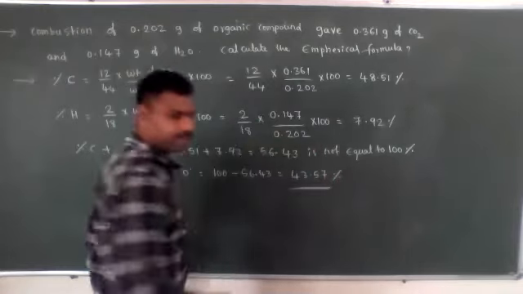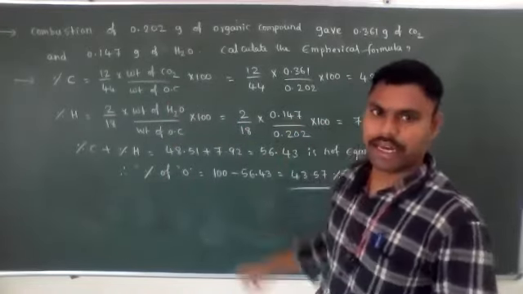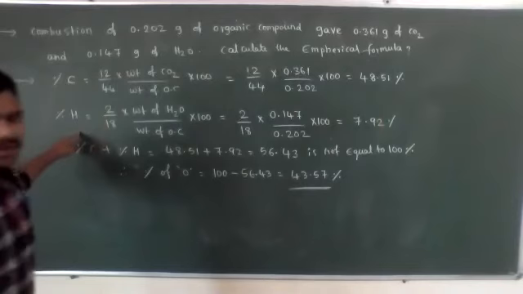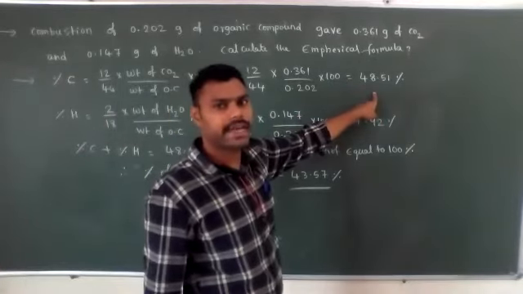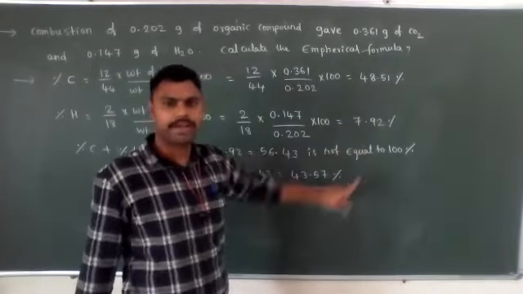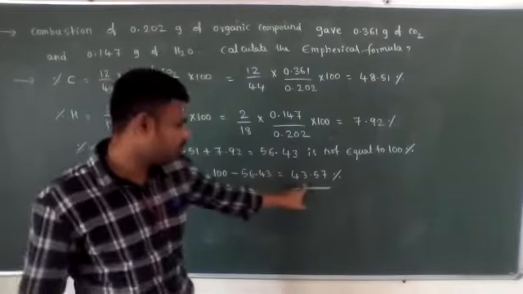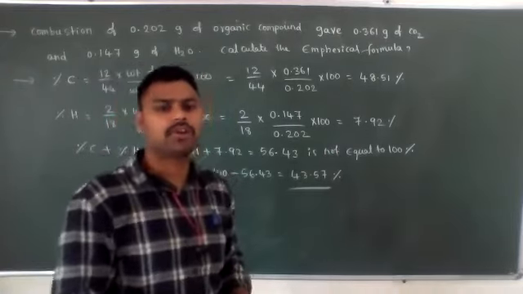So the given organic compound contains which elements? Carbon, hydrogen and oxygen. Percentage of carbon is 48.51, hydrogen 7.92, oxygen 43.57. Okay, next steps are common, we know very well.